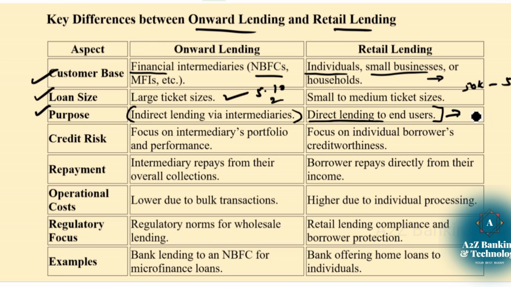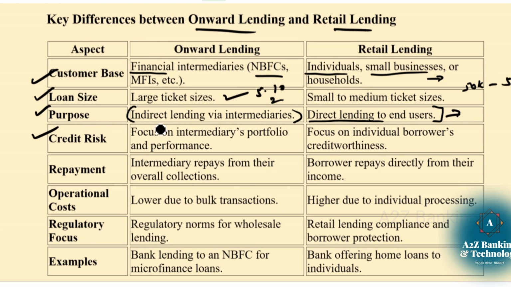Purposes can be anything like a personal loan, business loan requirement, household expenses, marriages, business working capital loan requirement, or wanting to construct a house. That kind of purpose is in the retail loan. But in onward lending, the purpose is only one, that is to provide loans to banks and NBFCs who are further giving loans to end users.